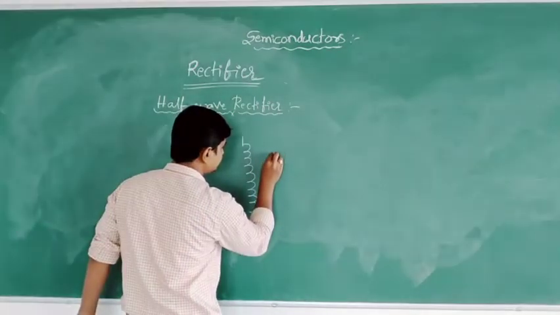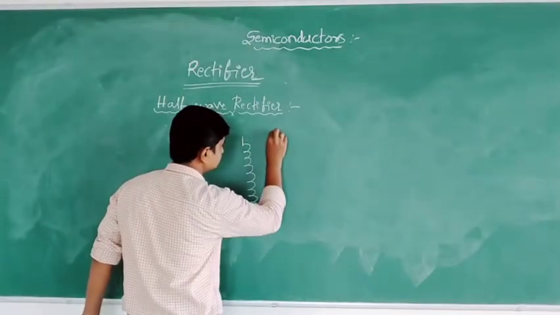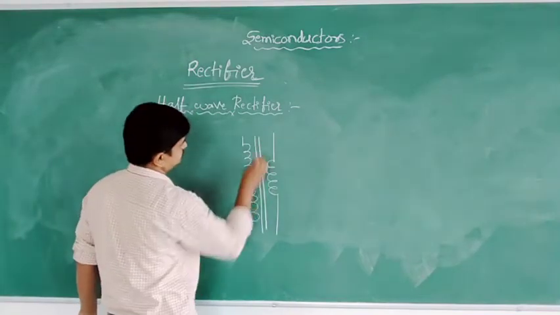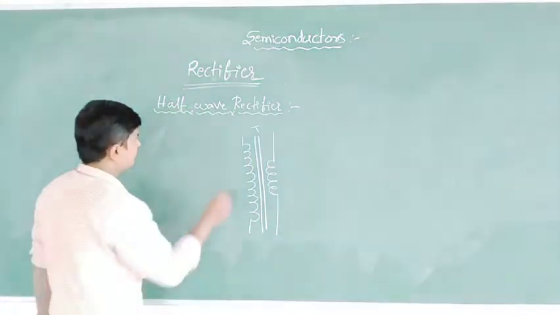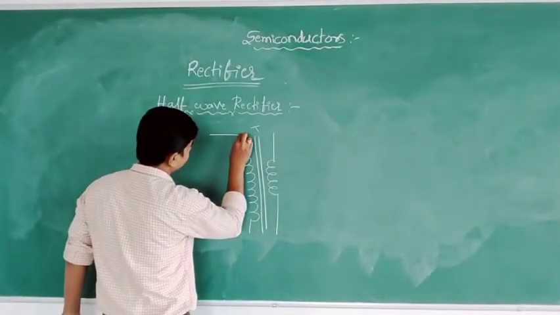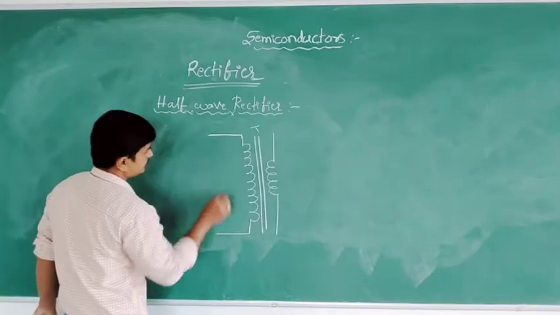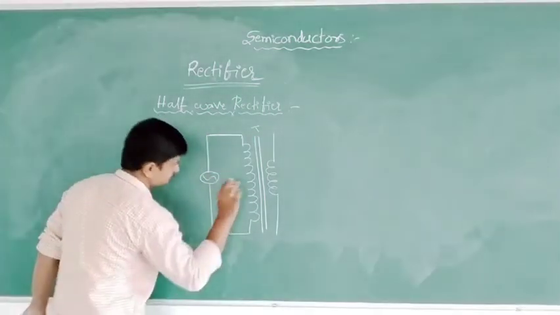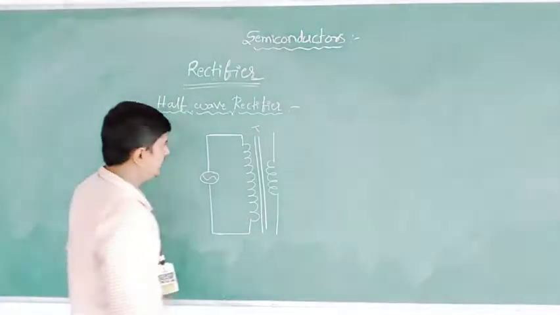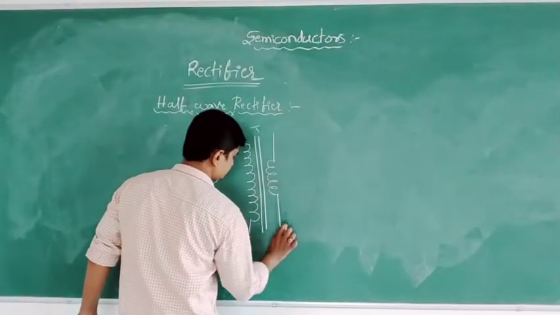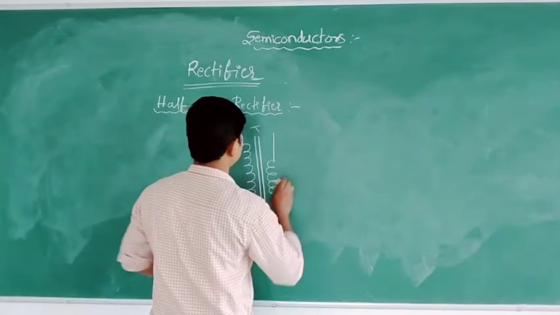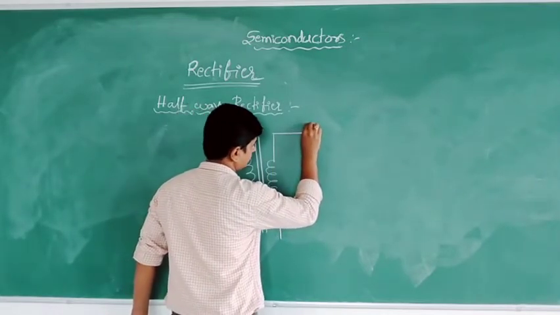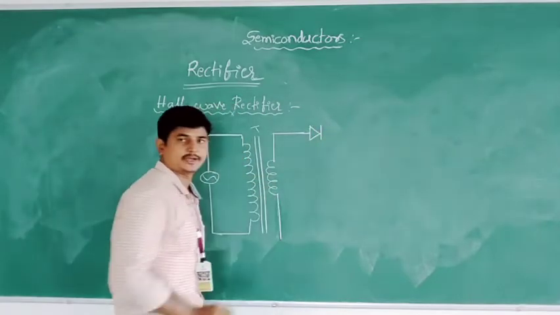This is a transformer, which is connected to the input voltage, that is an alternating source. Here is the diode.